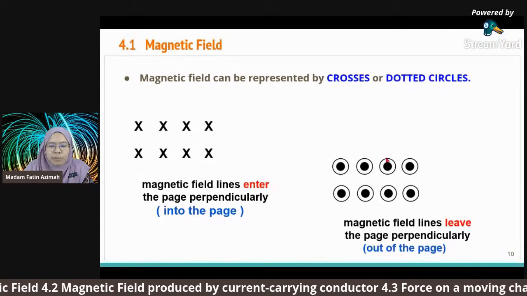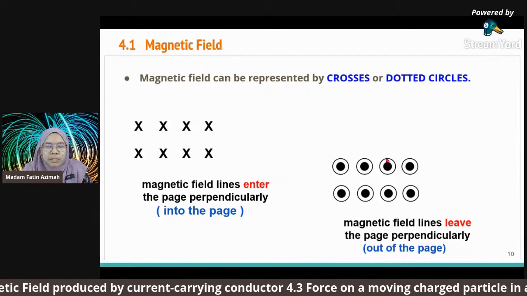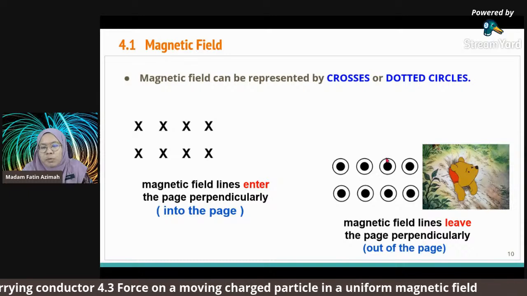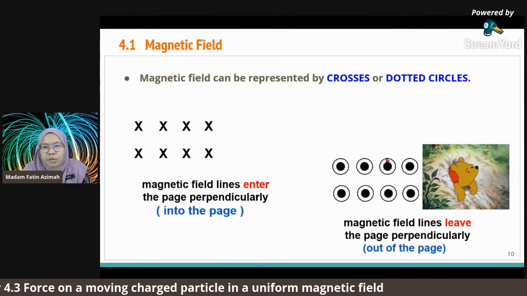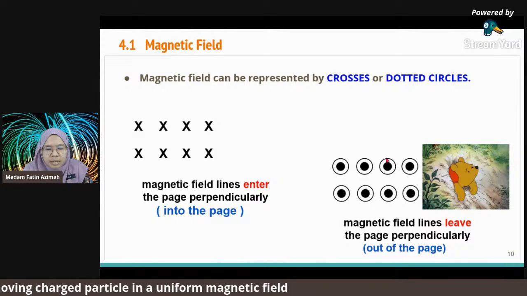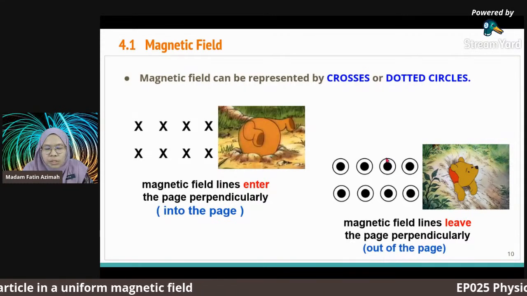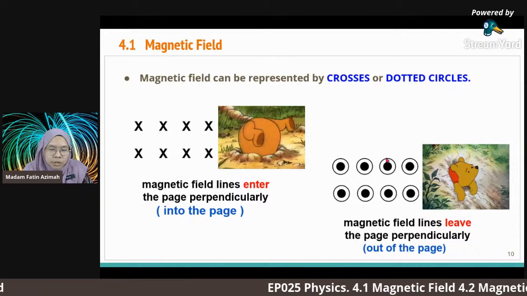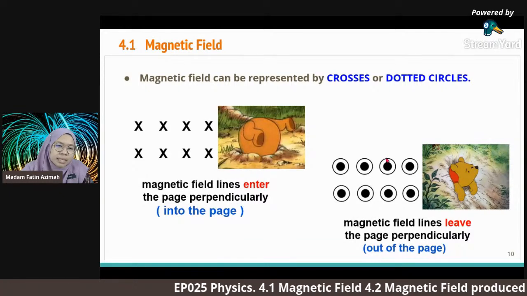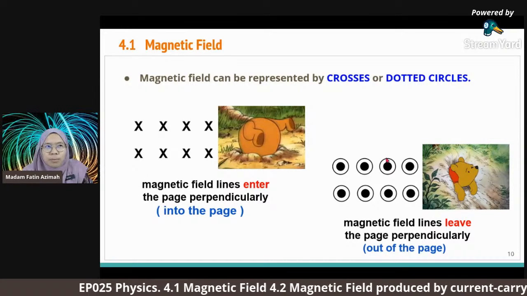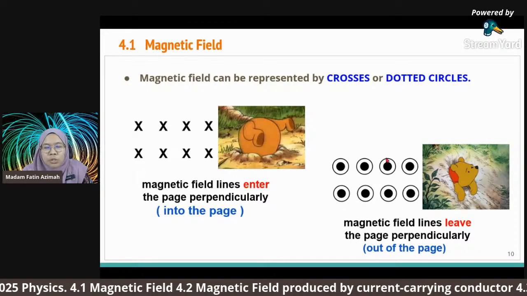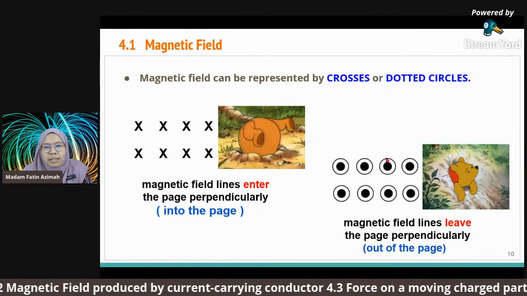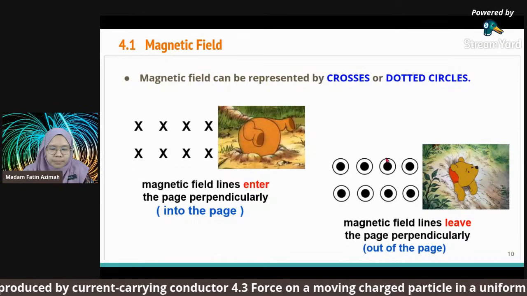To help you remember this, imagine that when something comes out of a hole, most of the time you will see the head first. Then you remember the dotted circles. But when something goes into a hole, you will see the back of the thing, right? Then you remember the crosses. These symbols are not necessarily for magnetic field. We can also use these symbols to represent current and magnetic force.